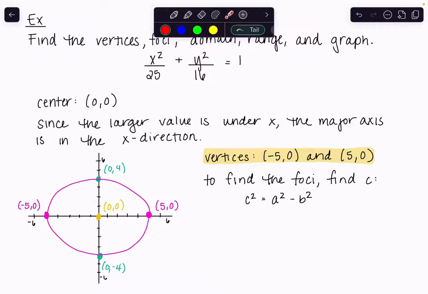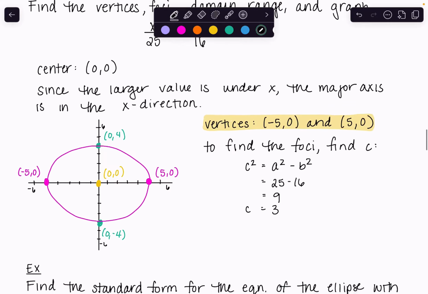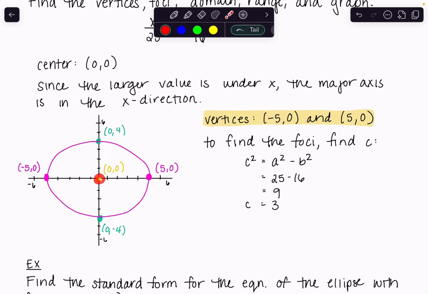And again, it's just the larger minus the smaller, because what's underneath x is exactly a squared and b squared. So c squared is going to be 25 minus 16, which gives us 9. So our value of c is going to be 3. So from that center point, I'm going to move a distance of 3 to find the foci.